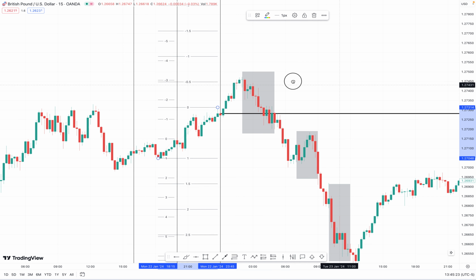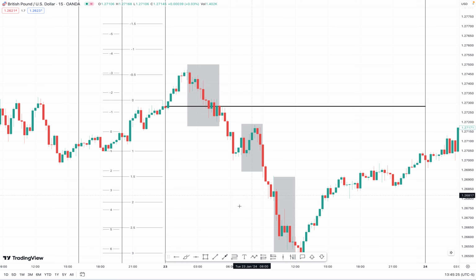Okay, now is where the magic happens. Okay, boom, we're drawing this out into the landing session.